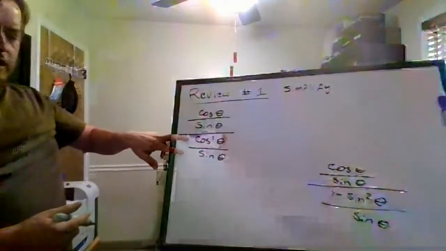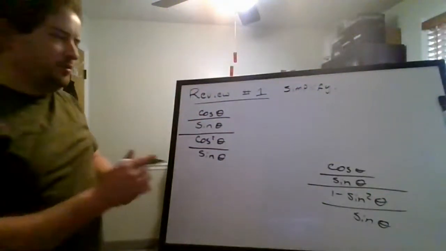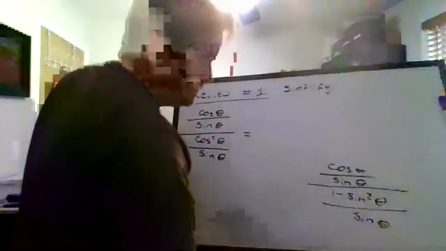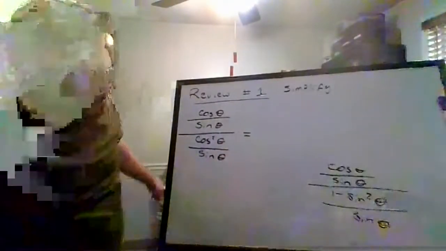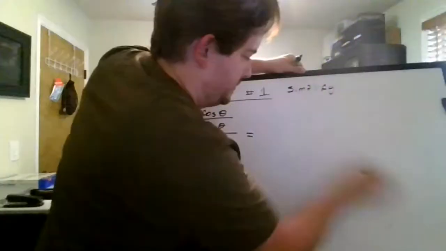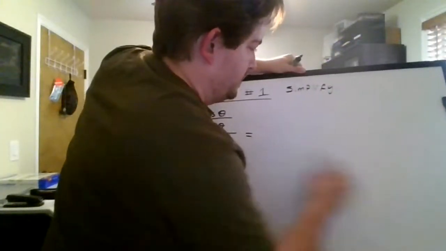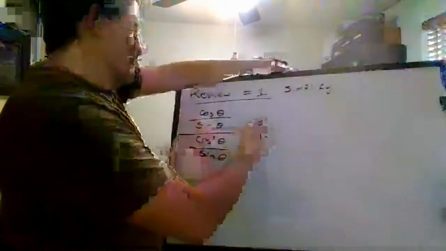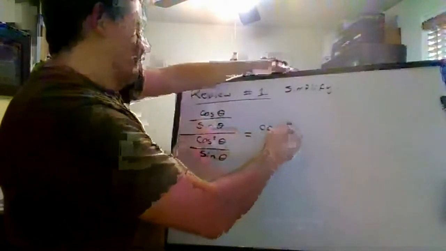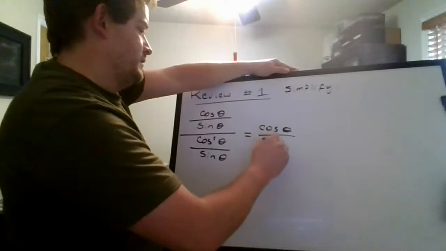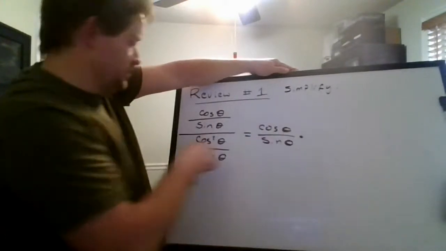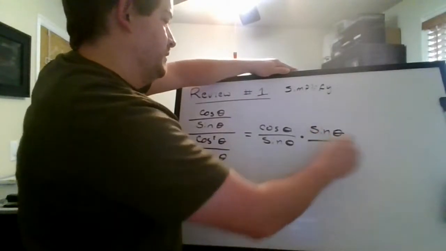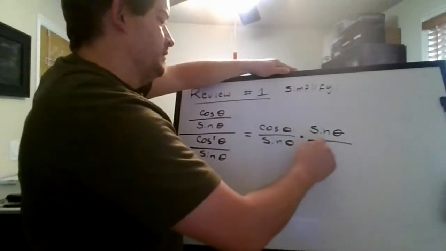I can now take my denominator fraction, flip it and multiply it. So this becomes cosine of theta over sine of theta, multiplied by sine of theta over cosine squared of theta.